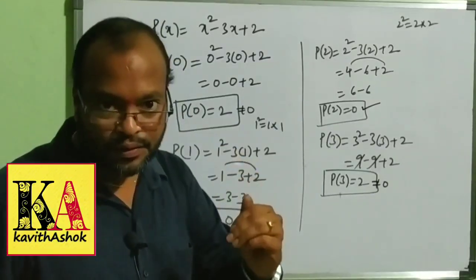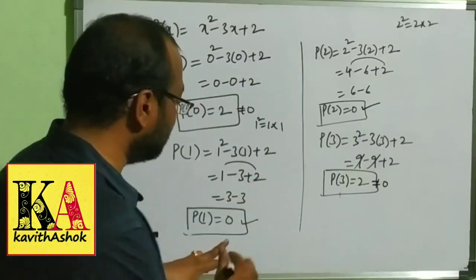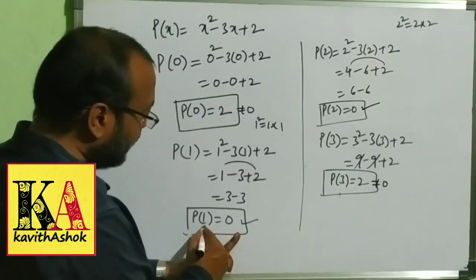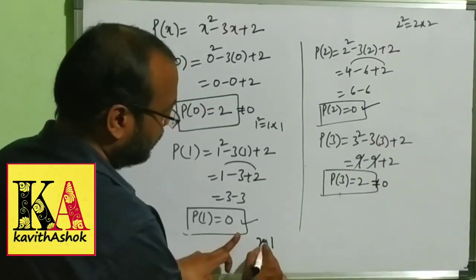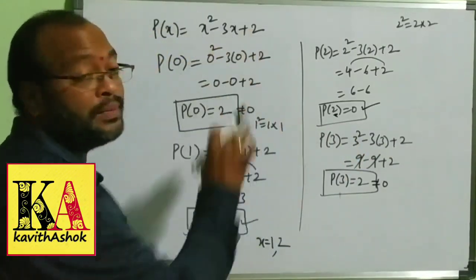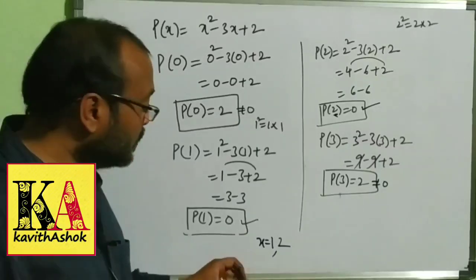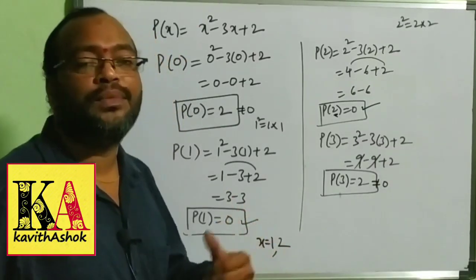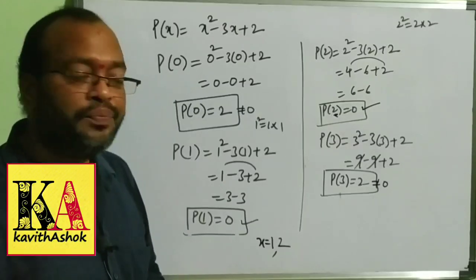Where we get 0 means here and here. By substituting the value of 1 and the value of 2, we got the polynomial as 0. So these values 1 and 2 are called zeros of the polynomial. Is it clear now?